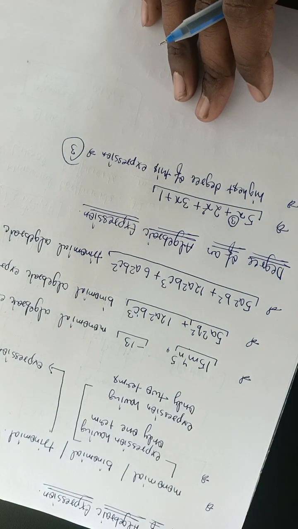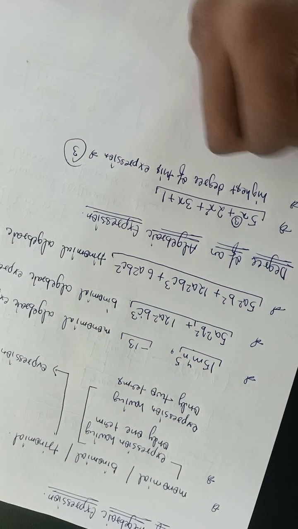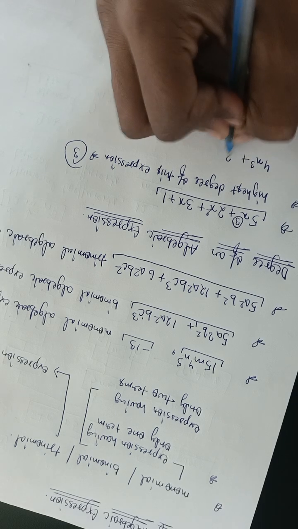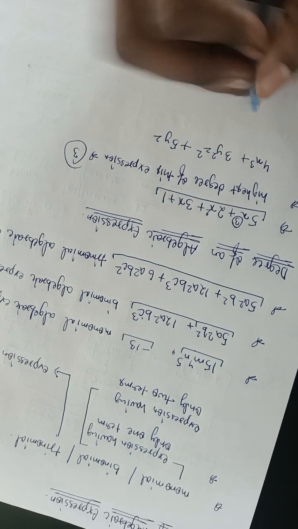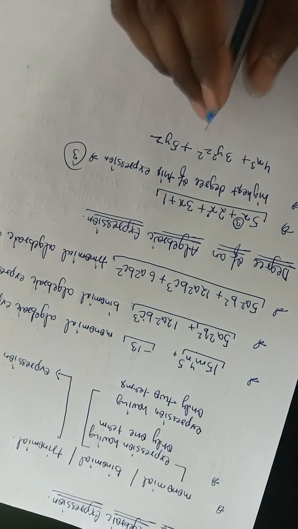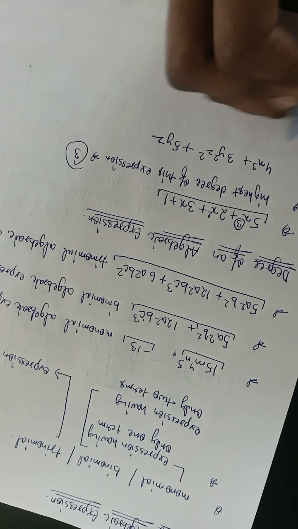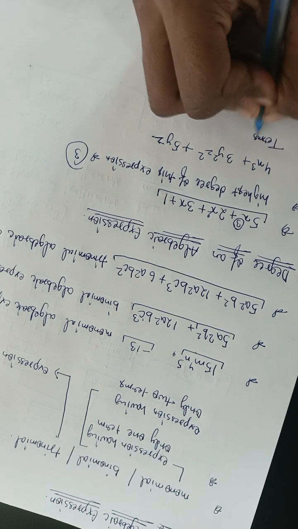Suppose I give you the expression 4x cube plus 3y square z square plus 5yz. Here you have to find the terms, exponents and degree. How many terms are there?